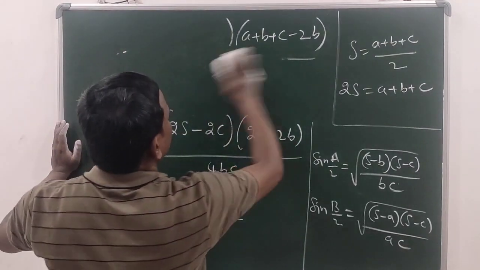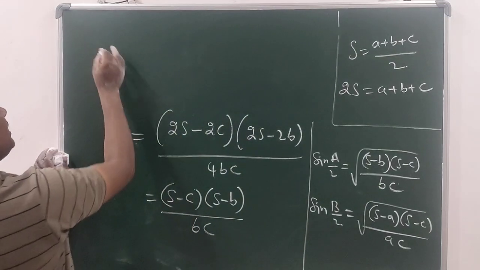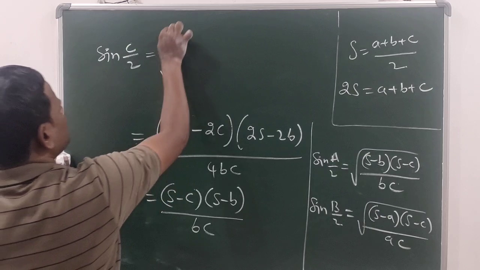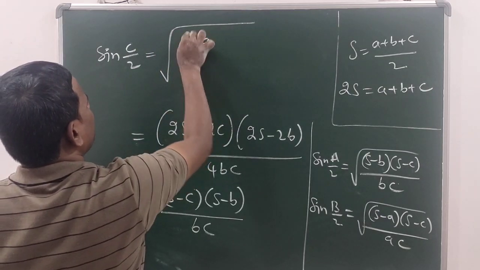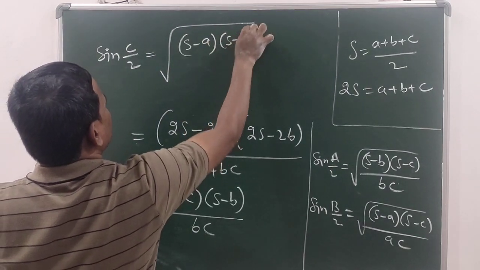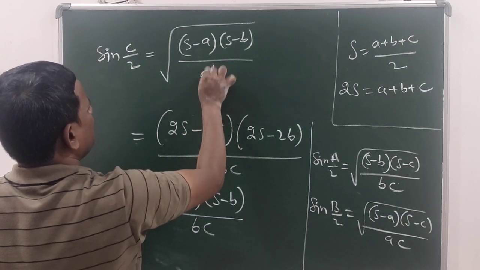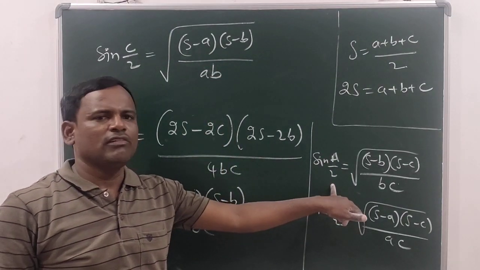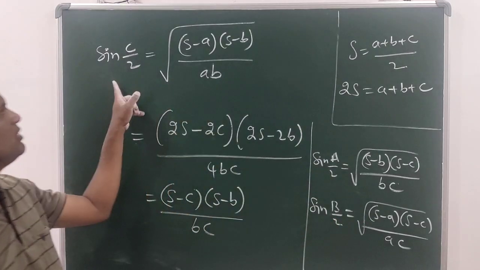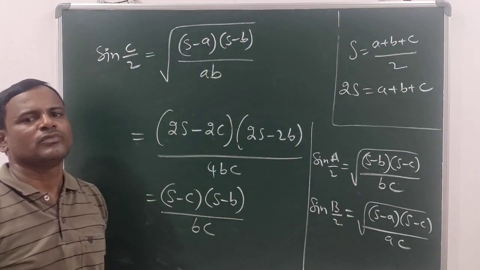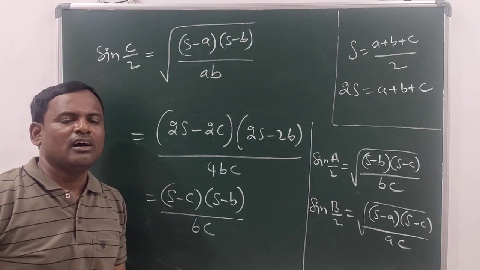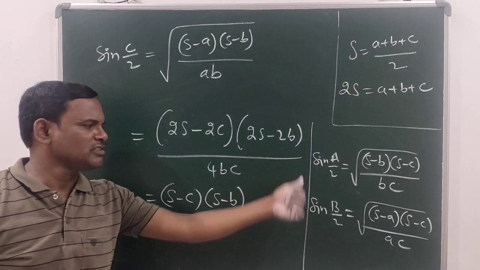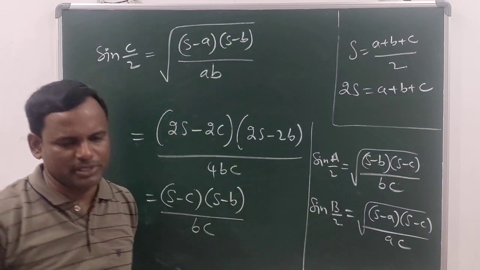In the next step, sin C by 2 is equal to square root of S minus a, S minus b by ab you will get. Okay. So we have got sin A by 2, sin B by 2, sin C by 2. So these are the half angle formulas for sine. Those are sin A by 2, sin B by 2, sin C by 2.